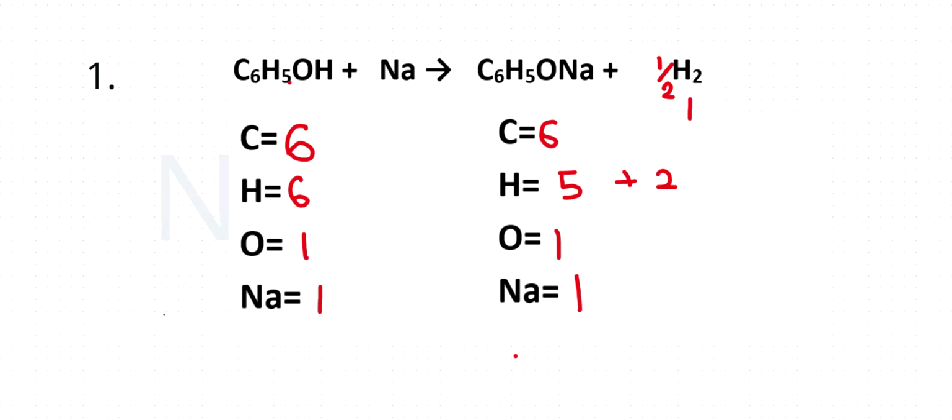So I will change that to 1. So right now I have 1 here, altogether making it 6. And right now we can see that the equation is balanced because I have the same number of atoms on the reactants and on the product side. It's as simple as that.